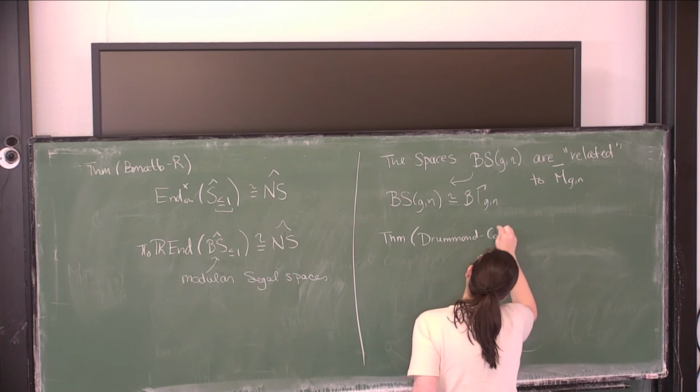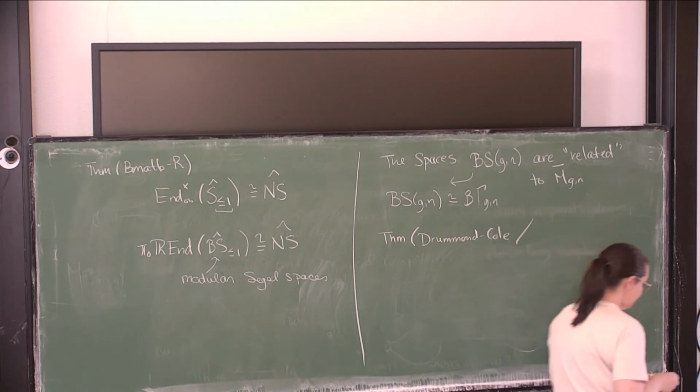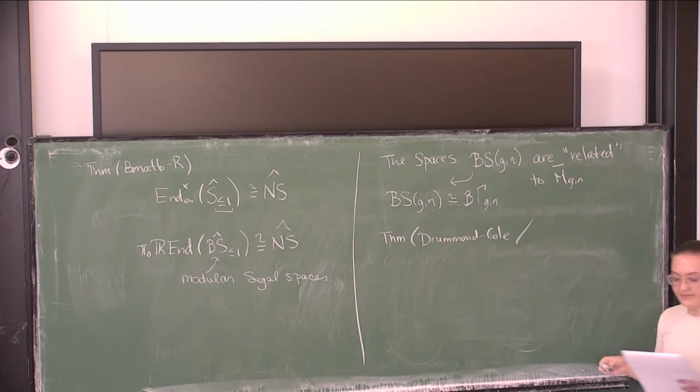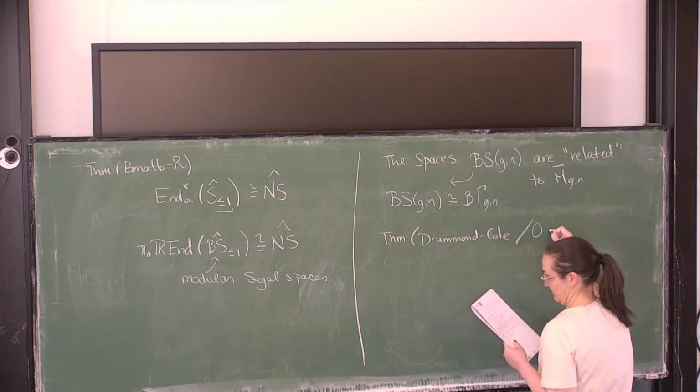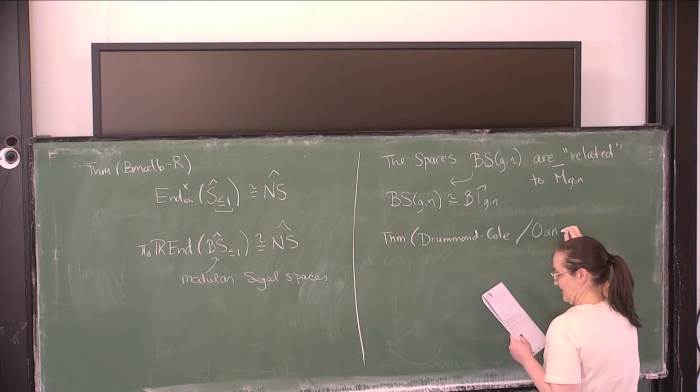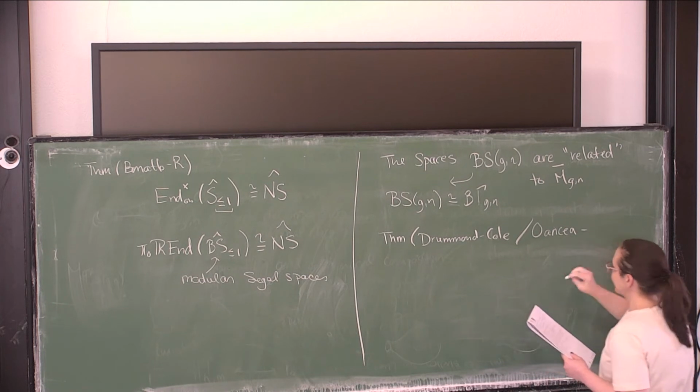Maybe Bill Drummond-Cole in genus 0, and not quite the way I'm stating it, but I'm not going to try to pronounce that. Someone can.